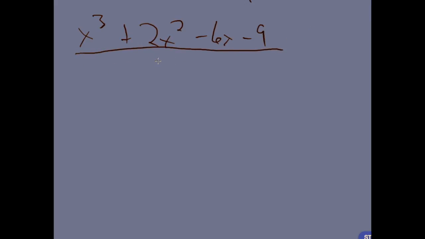Okay, so we're going to do the same polynomial and divide this by x plus 3 this time, okay?